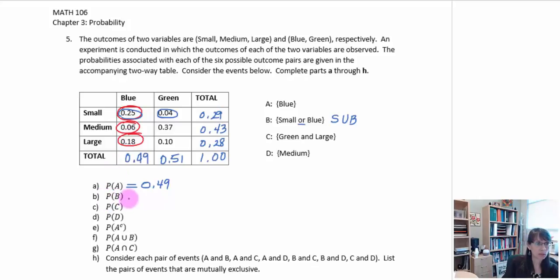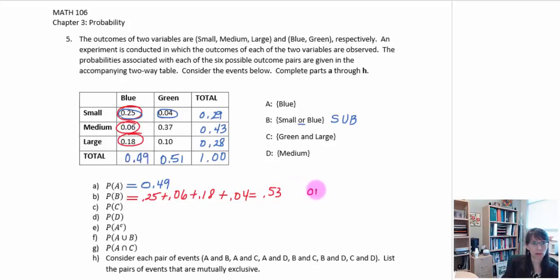So the probability of B can be displayed 2 different ways. I could simply add all of the numbers that I've circled. So that would be 0.25 plus 0.06 plus 0.18 plus 0.04, and my total is going to be 0.53.